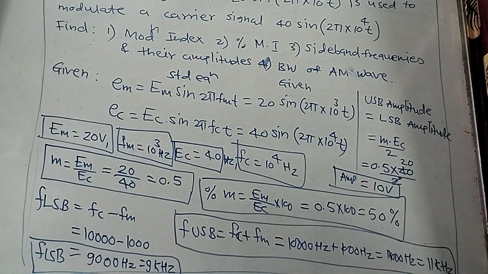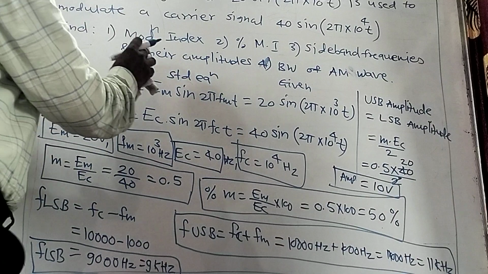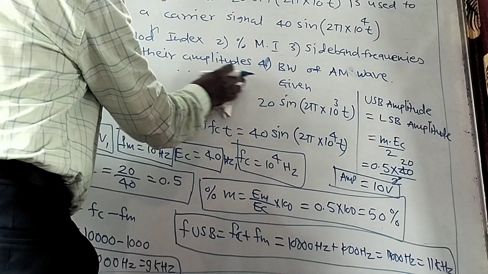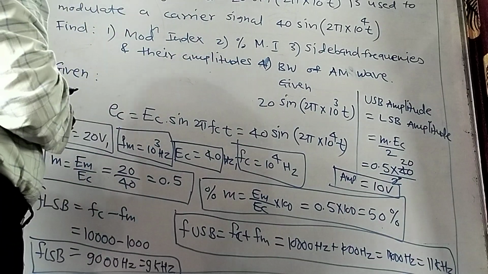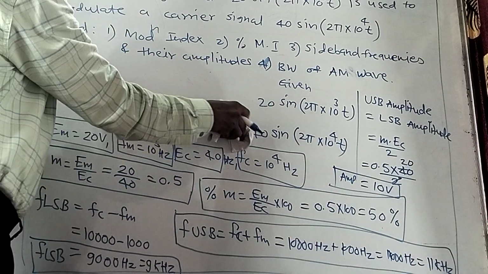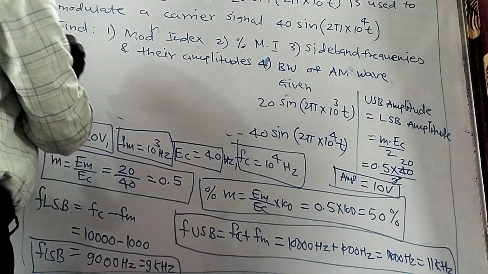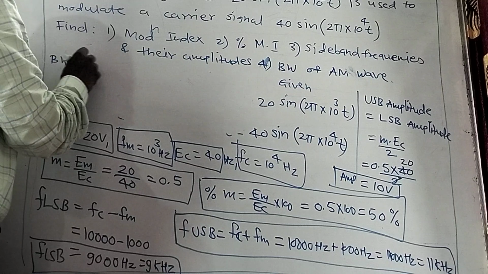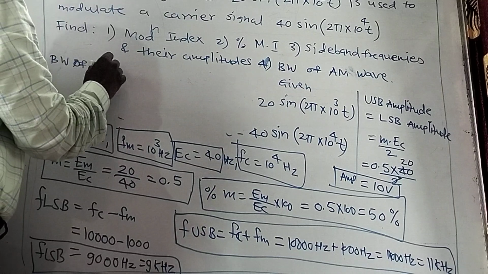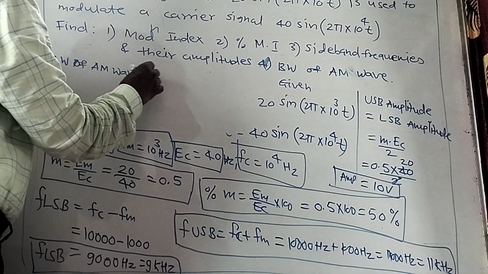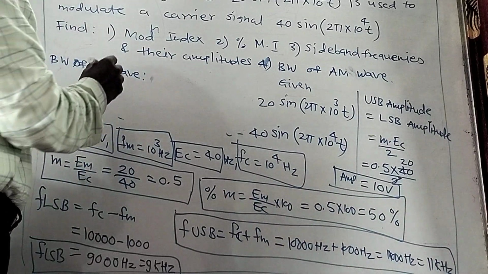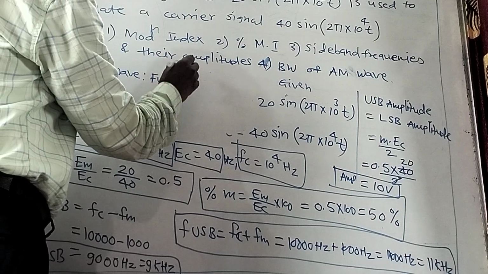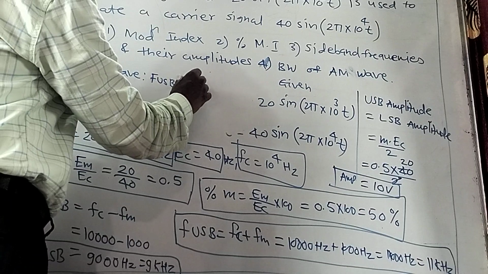Next, what is the remaining? I will erase this. Last point, the bandwidth of AM wave. What is the bandwidth of AM wave? It is given by the equation FUSB minus FLSB.